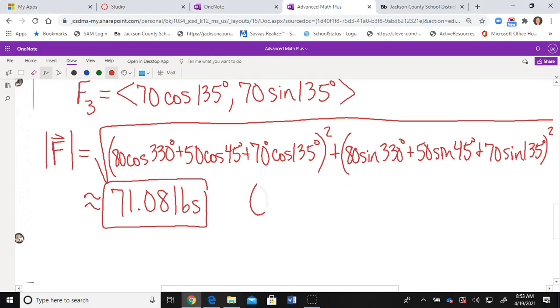For theta, inverse tan of all of this over the cosine part.